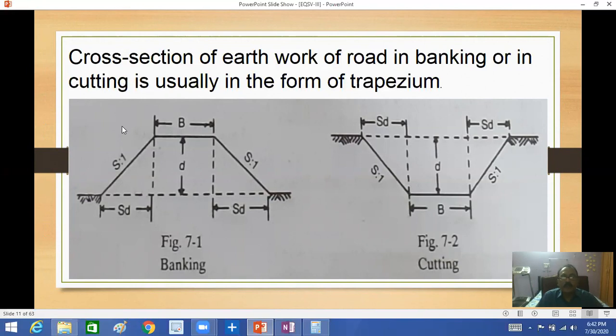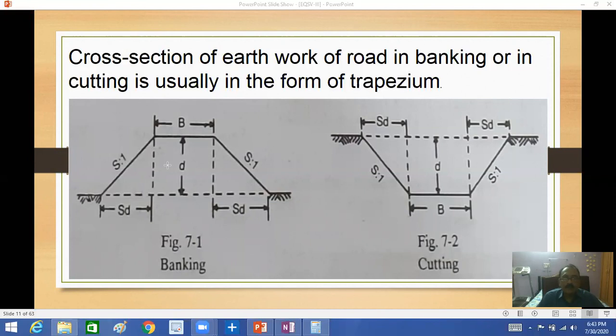See here, how to calculate this banking area. Now I explain this width B. This is the slope ratio, S is to 1, always 1. So the distance from here to here is S into small d.